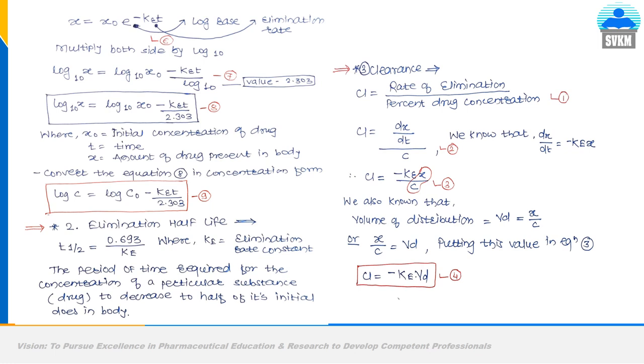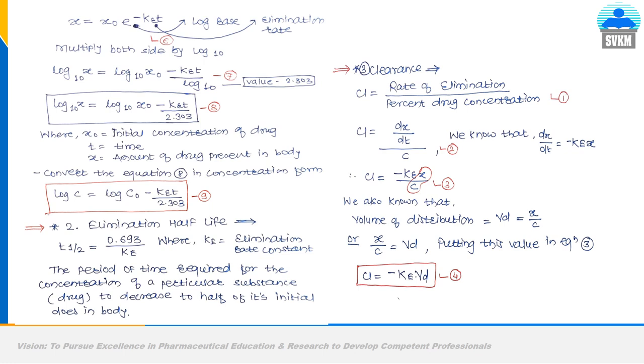Again from the basic equation we know that dx upon dt is equal to minus KeX for IV bolus. So again put the same value, dx upon dt is equal to minus KeX, in equation number 2.